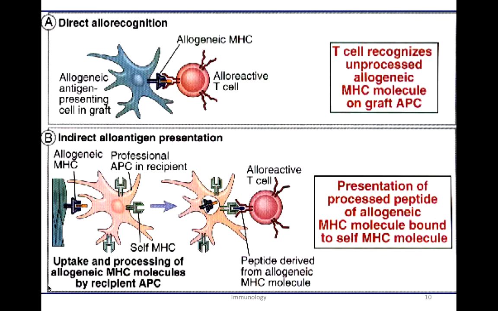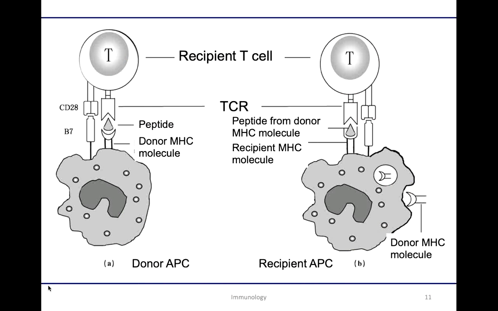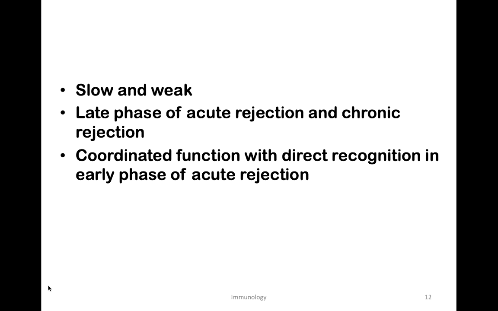Unprocessed antigens are recognized, and then a response is generated. Whereas in indirect alloantigen presentation, you have the same process as in the case of foreign antigens.